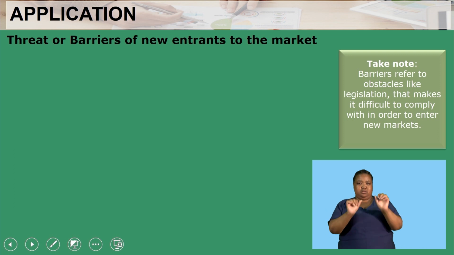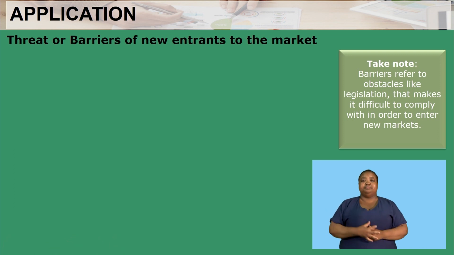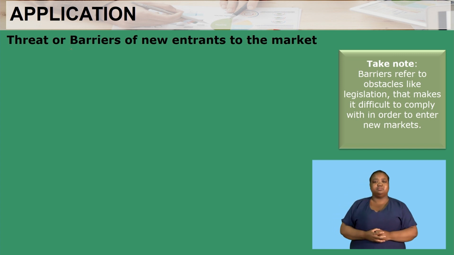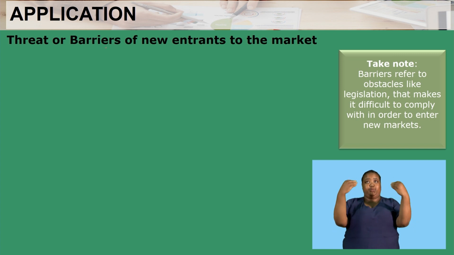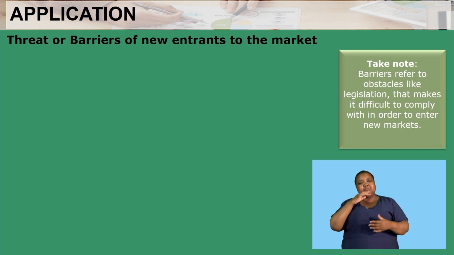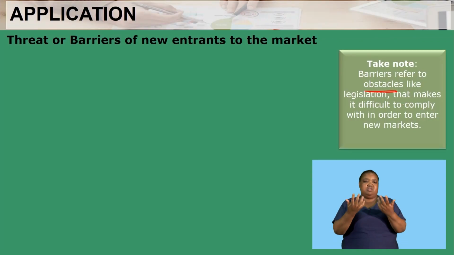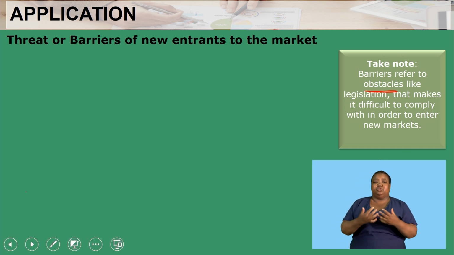The last one is the second threat, or the fifth one. It says a threat or barriers of new entrants to the market. Please take note, barriers refer to obstacles. A barrier is an obstacle, like legislation or challenges or problems that make it difficult to comply in order to enter a new market.